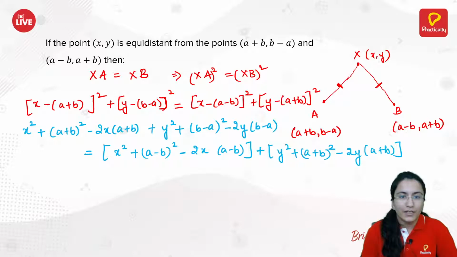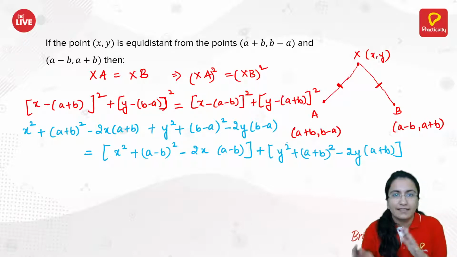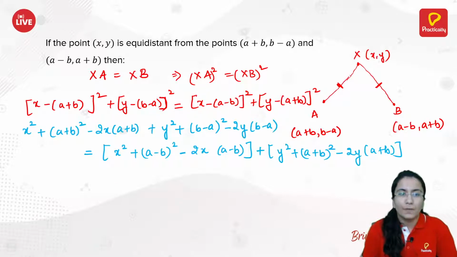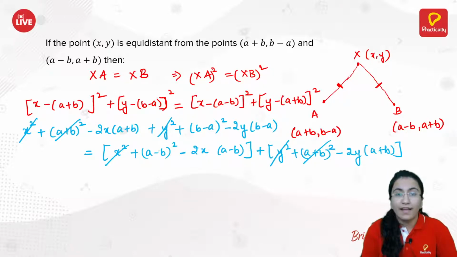Now see whatever is common on both LHS and RHS. x square is common on both sides. (a plus b) whole square is also common, so cancel this. y square is common. (b minus a) whole square is the same as (a minus b) whole square, so you can cancel these two as well.